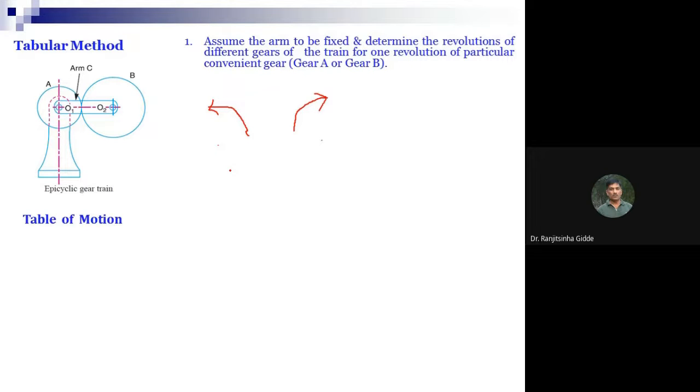You should understand that anti-clockwise means positive. This is the sign convention. Clockwise means negative. Remember, if any gear is rotated anti-clockwise, we consider it a positive revolution, and if rotated clockwise, negative. This is the sign convention.